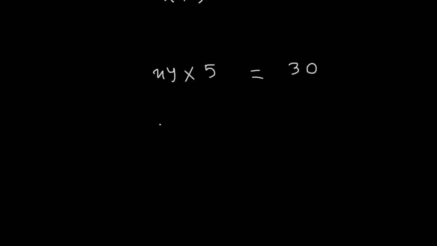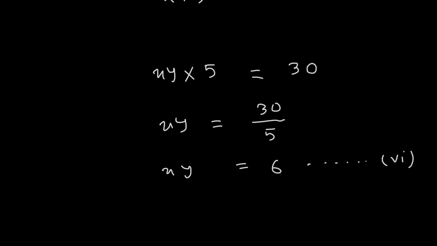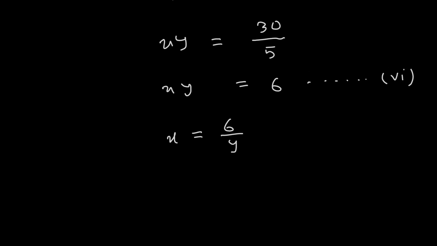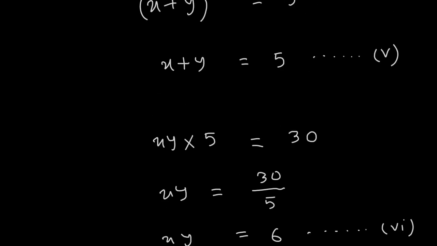From here we have xy equals 30 by 5, or xy equals 6. We can give this equation number 6. So from here we can get x equals 6 by y, which we can put in equation number 5 here.